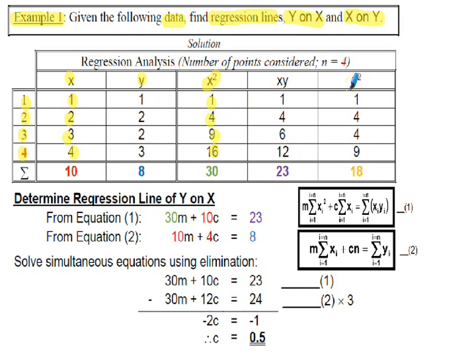For the y squared column, that was simply 1 squared is 1, 2 squared is 4, 2 squared is 4, and 3 squared is 9. For the xy column, that's 1 times 1 is 1, 2 times 2 is 4, 3 times 2 is 6, and 4 times 3 is 12. What we do then is summate the values for the x, the y, the x squared, the xy, and the y squared in the final row.